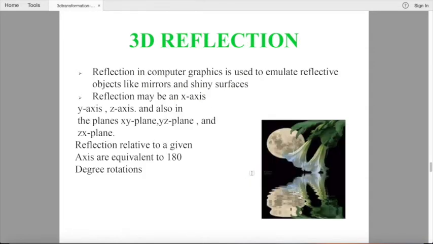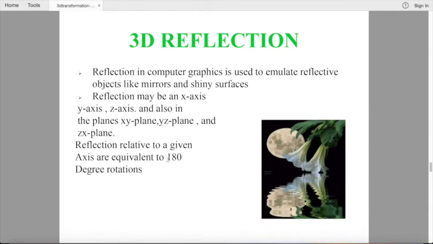The 3D reflection in computer graphics is used to emulate reflective objects like mirrors and shiny surfaces. Reflection may be about the x-axis, y-axis, z-axis, and also in the planes: xy plane, zy plane, and zx plane. Reflection relative to a given axis is equivalent to a 180 degree rotation.